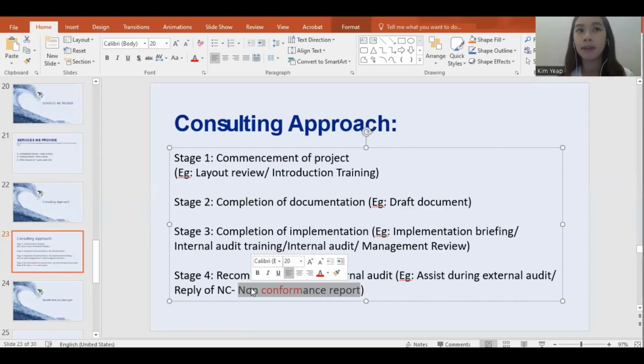NC means the auditor said, hey, you didn't follow that. So in order to pass the audit, we need to cooperate with the clients to go and follow the things they said we didn't follow.